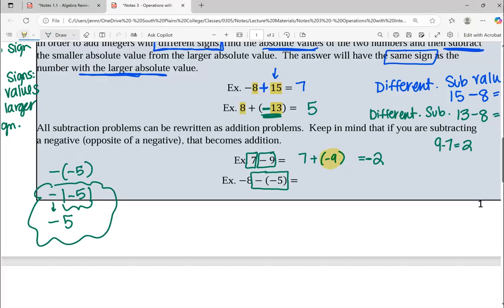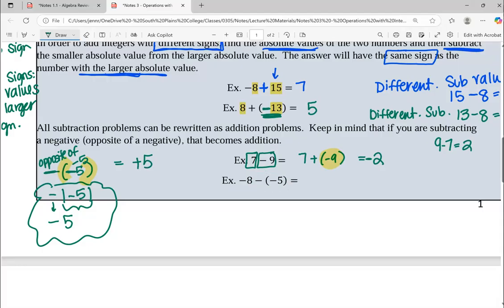If I have parentheses with a negative out front and a negative, it's a subtraction out front and a negative with my value, then what it's really saying is that I want the opposite of negative 5. Well, y'all, what's the opposite of negative 5? Positive 5.